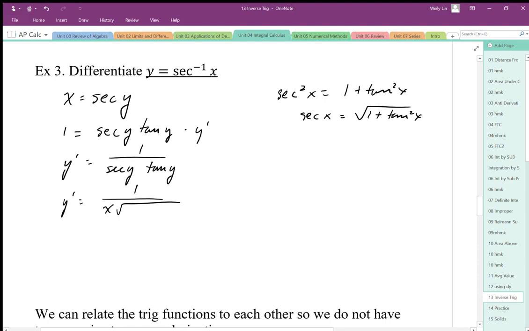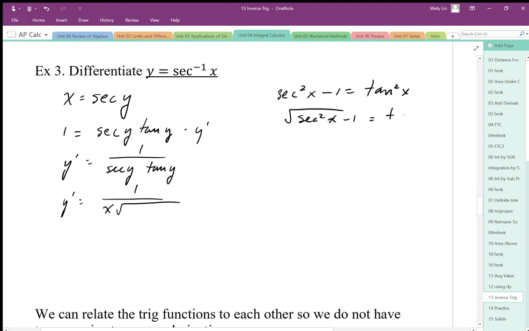Oh, sorry, we're going to switch that around, aren't we? Sorry, my mistake. So we're going to say that tan squared is going to be equal to that. Okay, so tan x equals the square root of secant squared x minus 1.